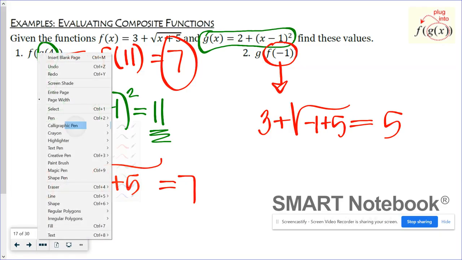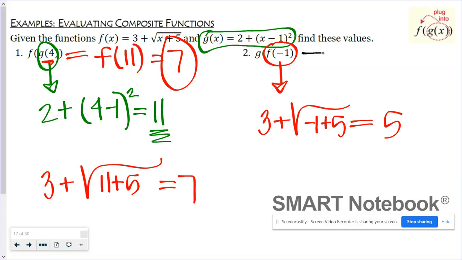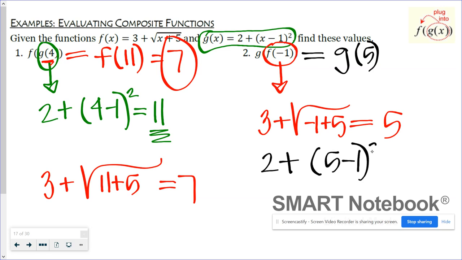And so then my problem has now become g of 5, and that's what I want to evaluate next. g is 2 plus 5 minus 1 squared. I do the math, and I get 18. And that's my answer.